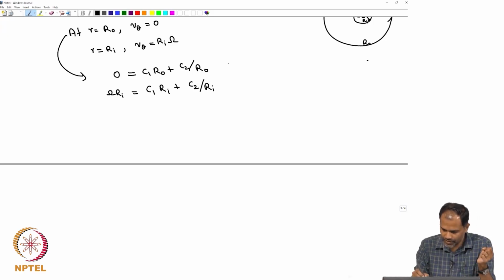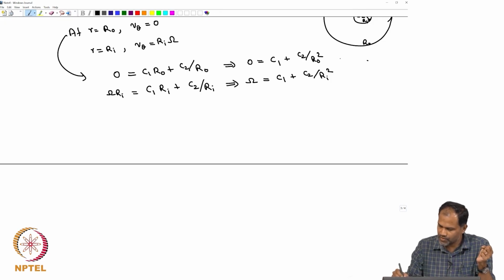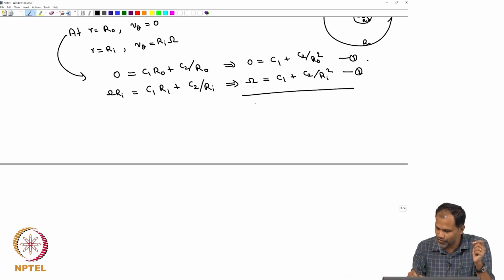So, we can rewrite this as 0 equal to C1 plus C2 by RO square. We can rewrite this as omega equal to C1 plus C2 by Ri square. So that's equation 1, and this is equation 2. Subtracting, let's say 2 from 1, omega equal to C2 into 1 by Ri square minus 1 by Ro square.